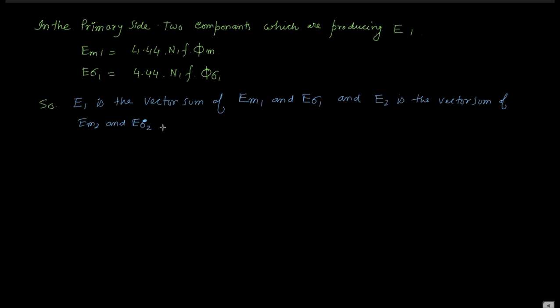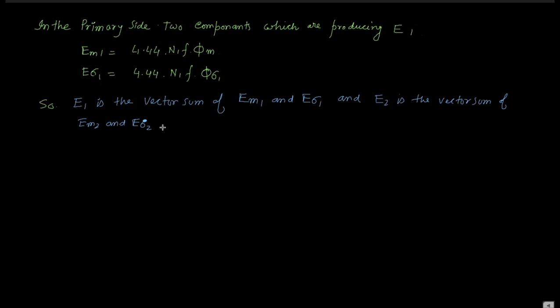If we add EM2 and E sigma 2, how can we add them? We add them vectorially. That's why we have to draw a phasor diagram to get E1 and E2.